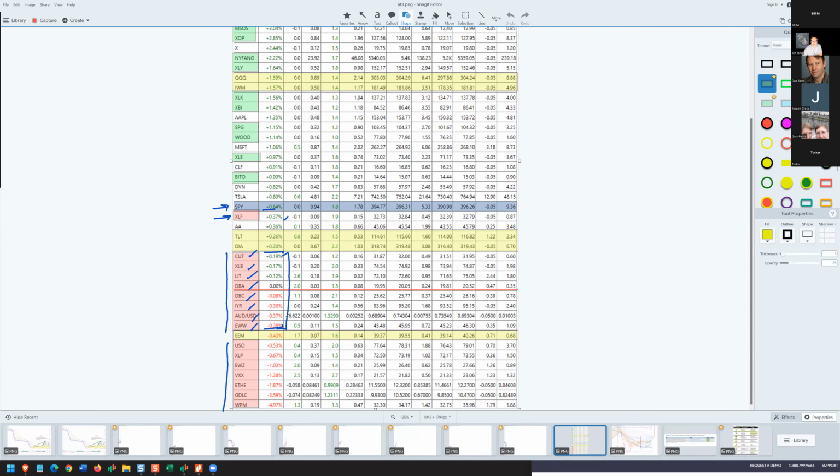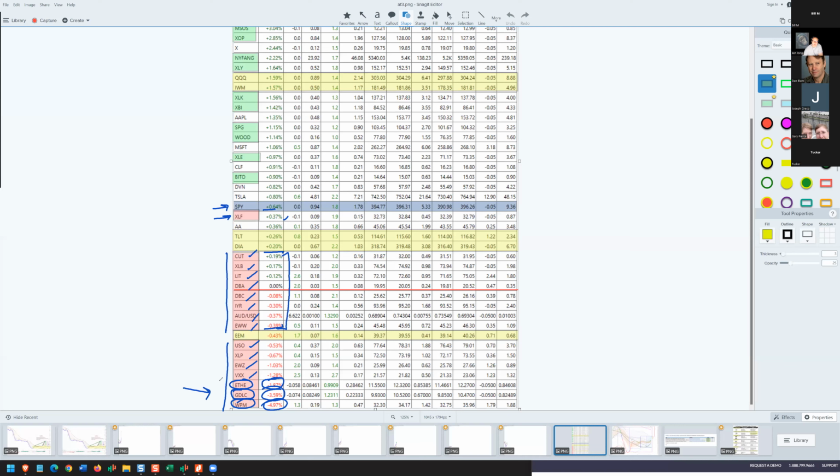Then larger losses in oil, staples, Brazil, the VIX, Ethereum, minus 1.87, blended large cap crypto, minus 3.6, and gold, wheat and precious metals, minus 5%.